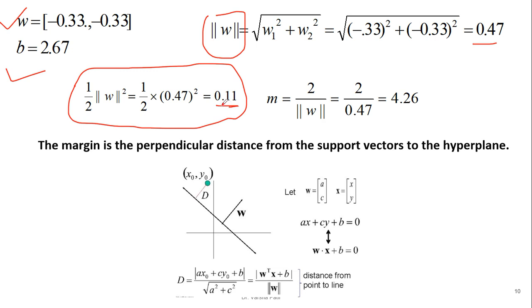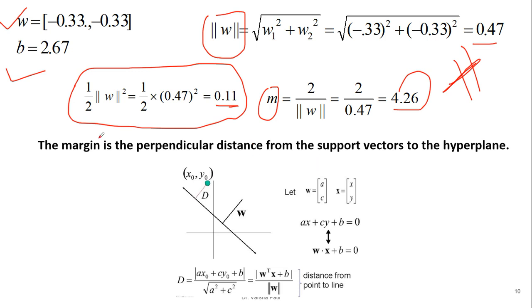We want to minimize this value, because when we minimize it our margin gets maximized, because the margin is 2 divided by the norm of the W vector. So 2 divided by 0.47 is equal to 4.26. So we are getting the margin between the two classes as 4.26.